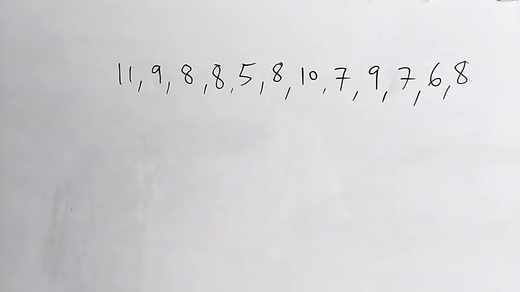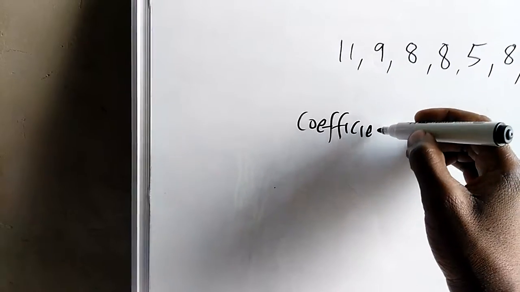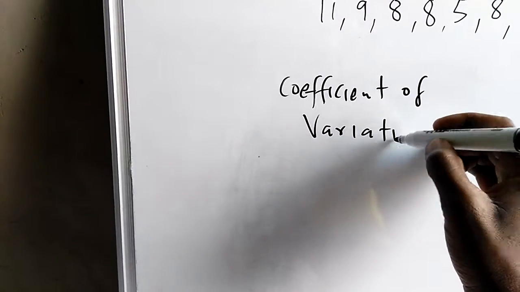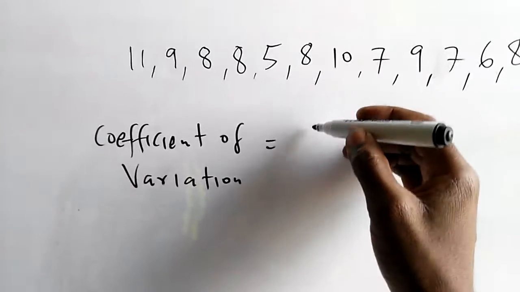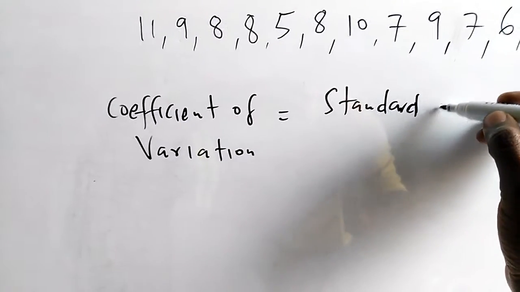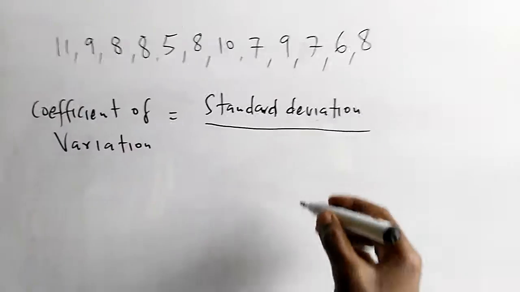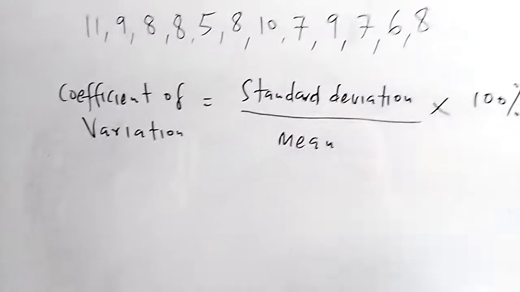And so from the data given, if they want the coefficient of variance, or the coefficient of variation, we'll now say from the data given we should have the SD, the one we found, the standard deviation, divide by the mean. That's when we can multiply the whole lot of that by 100.